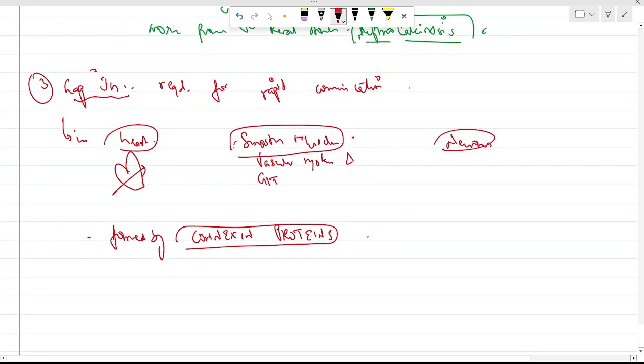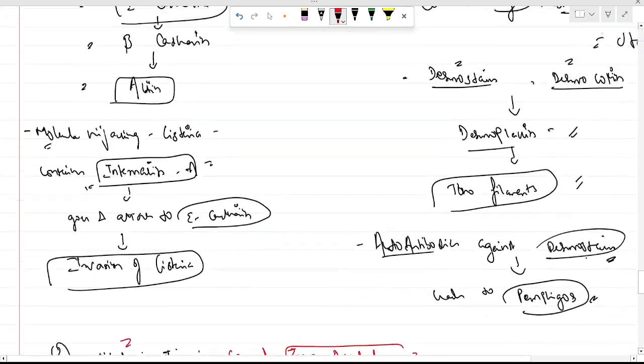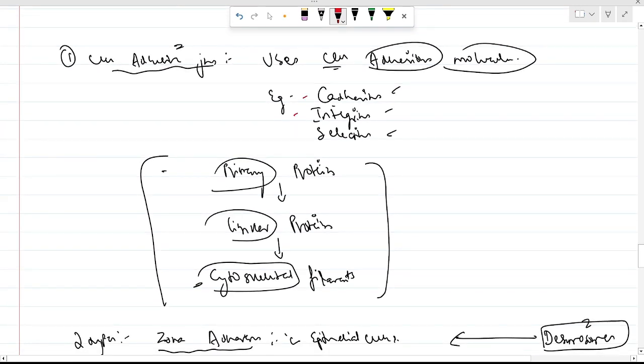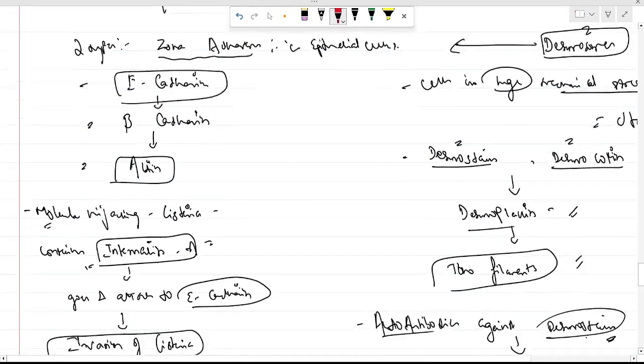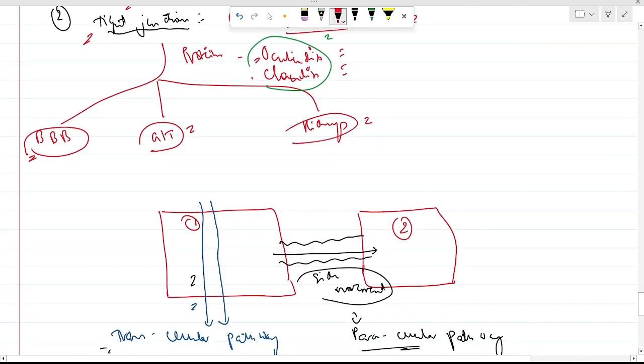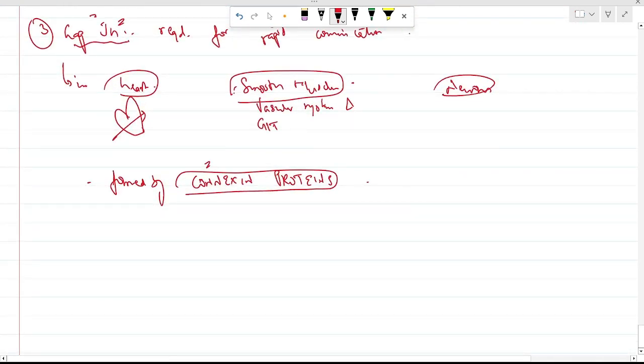Simple and easy to remember. Gap junction, connexin proteins. Tight junction, zona occludens along with claudin. Zona adherens is cadherins, integrins and selectins. So we need to remember one or two out of three, and the rest will fall in line. Proteins involved in these junctions are important and asked frequently. So the connexin protein is involved in gap junction formation.